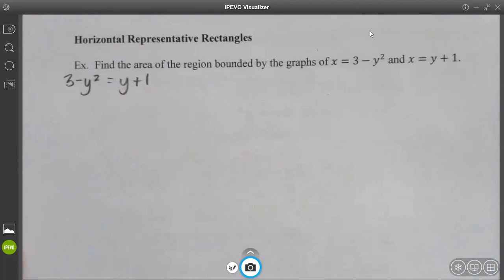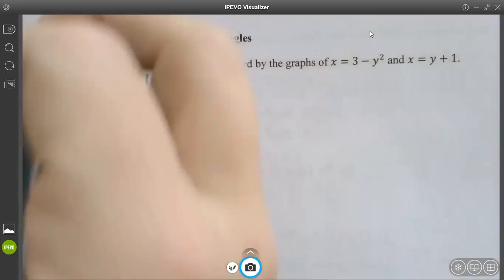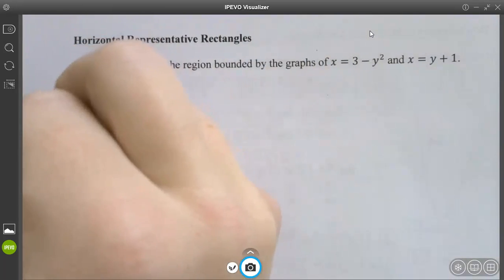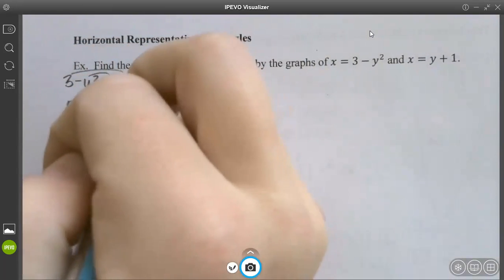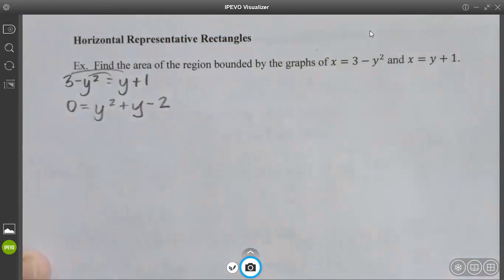How would I do that? Move both the y squared and the 3. So we get 0 equals y squared plus y, and in this case, we'll have minus 2. Is everybody good with the minus 2? Subtract 3, 1 minus 3 is -2.